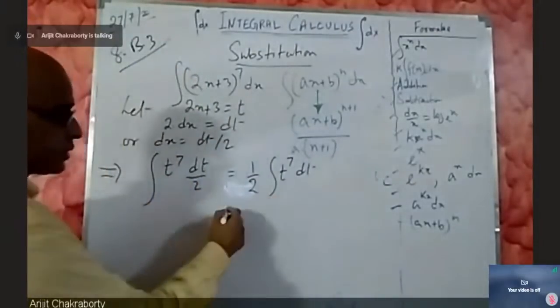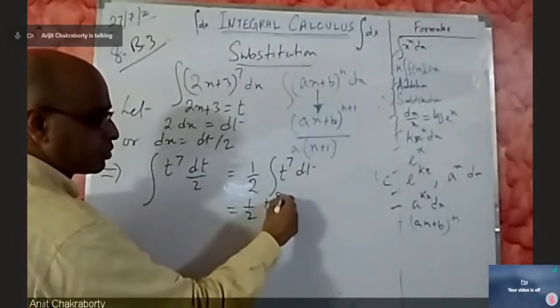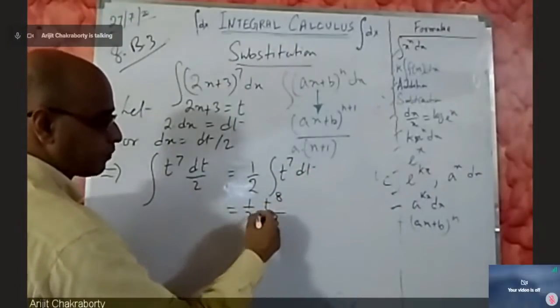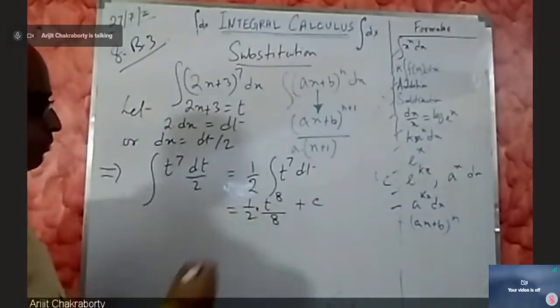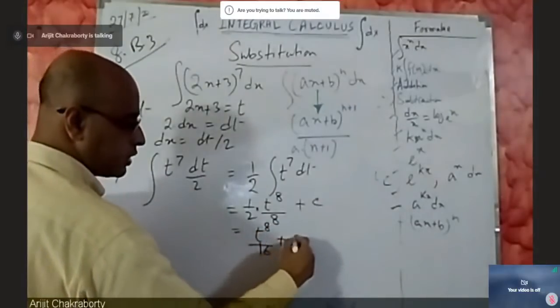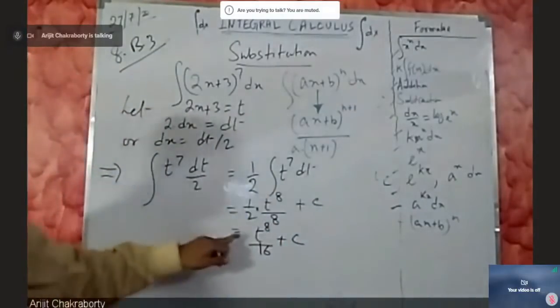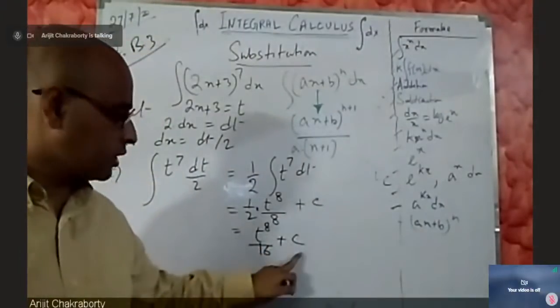So the half will remain as it is, and t to the power 7 will become t to the power 8 by 8 plus constant c. That means it becomes t to the power 8 by 16 plus c.